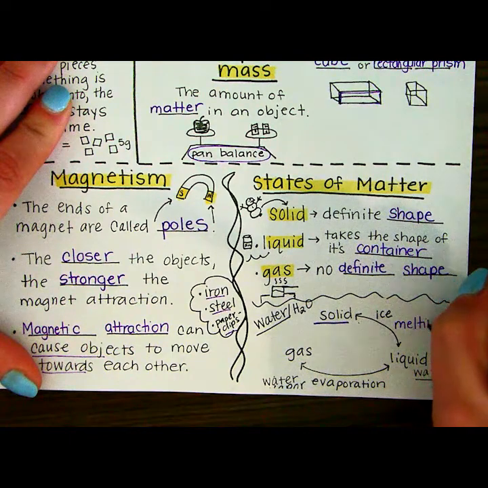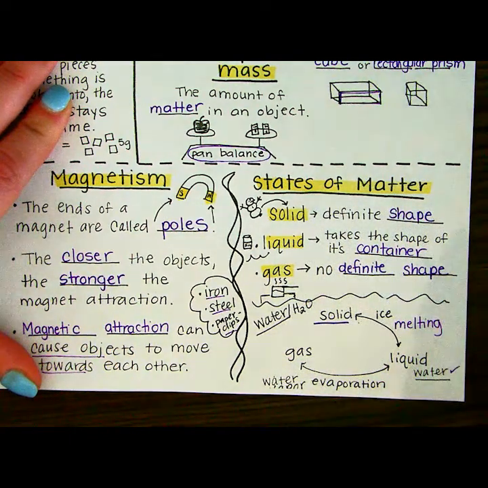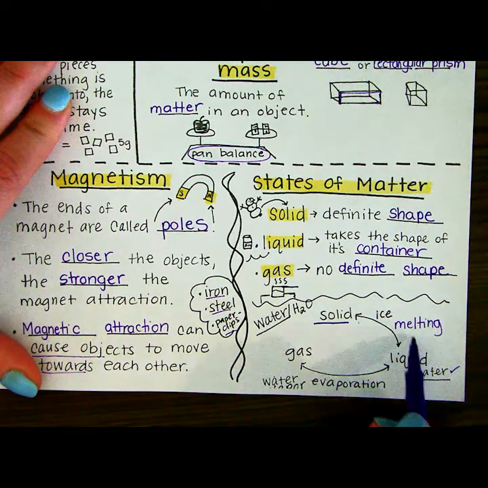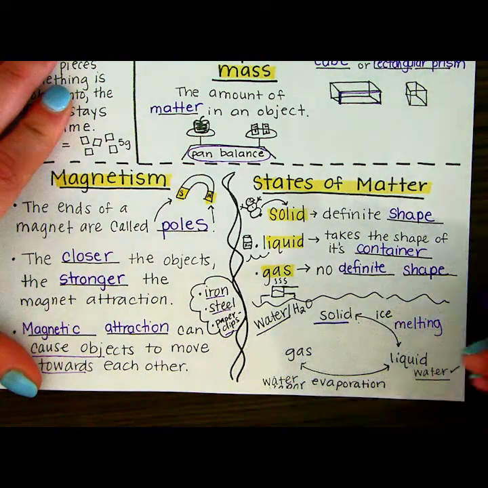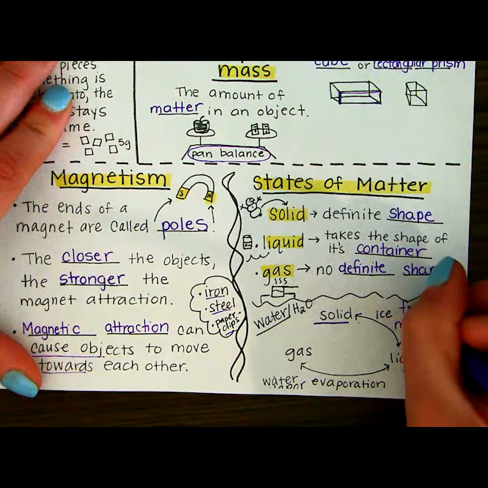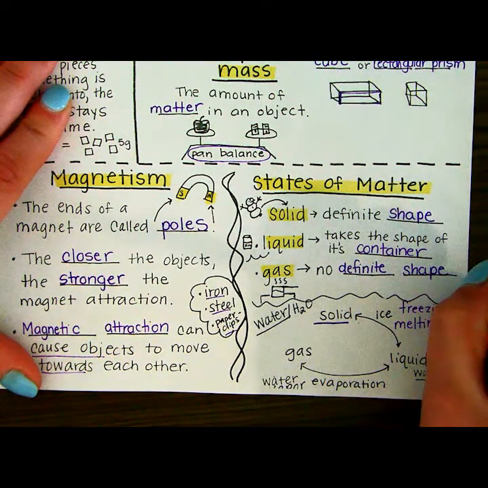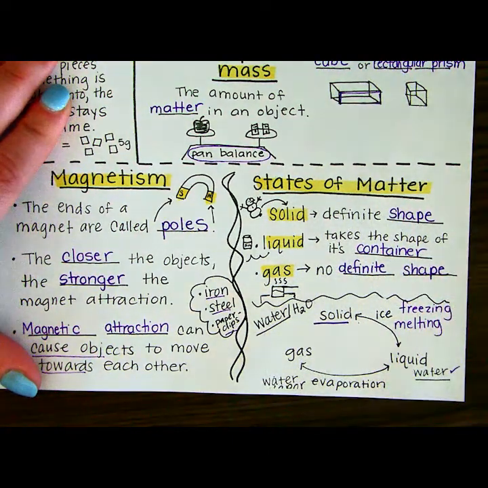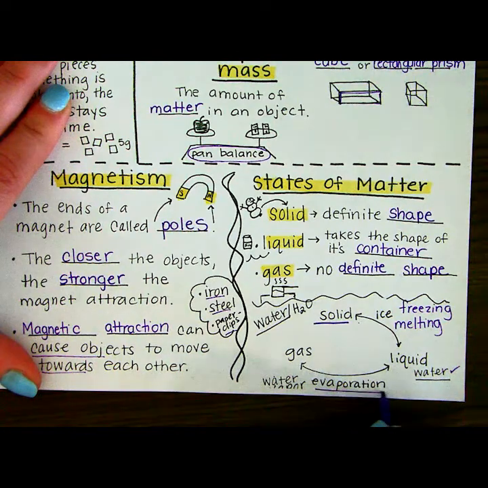We also know that liquid can freeze and become a solid, and that process is called freezing. When liquid turns to gas, we're referring to evaporation. And when gas turns to liquid, we're referring to condensation.